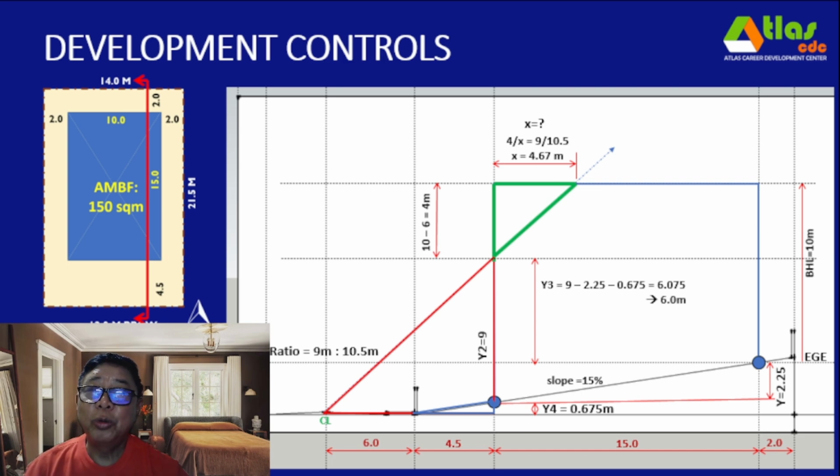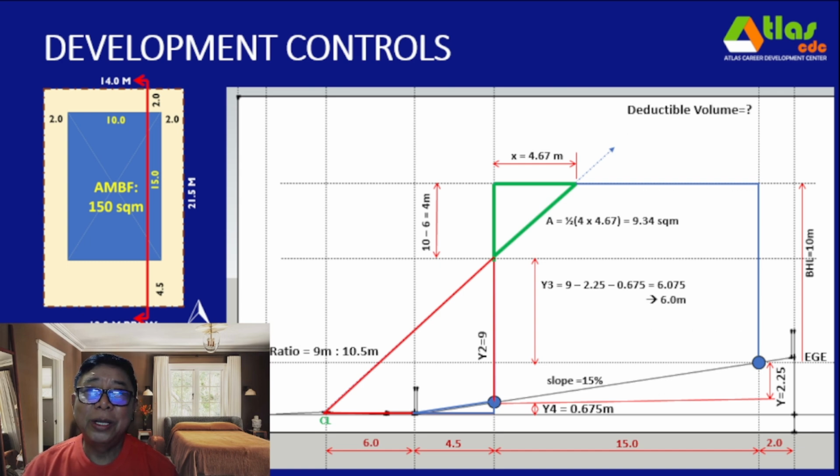So with this dimension, we can now compute for the area of this triangle, and that will give you an area of 1/2 of 4 times 4.67 or 9.34 square meters.